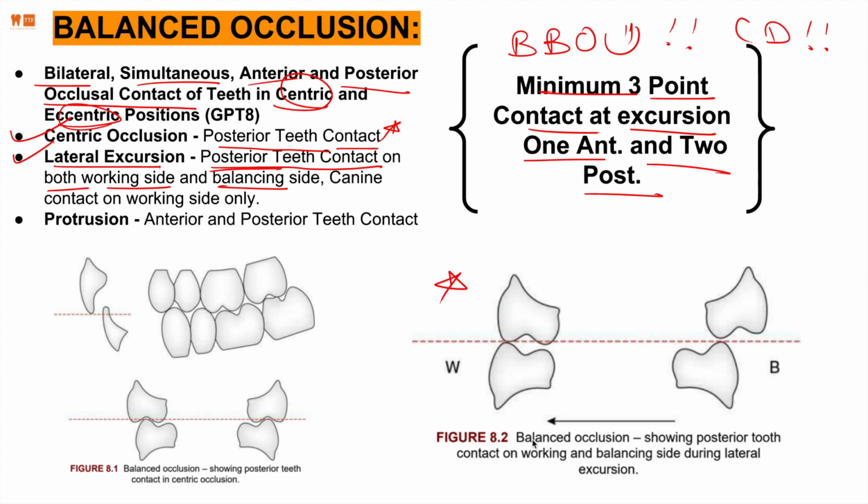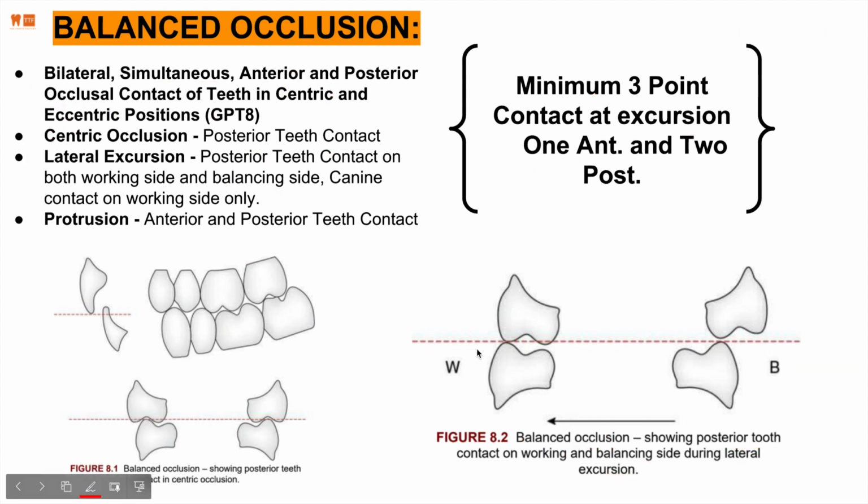For example, the balanced occlusion shows posterior tooth contact on the working side, which is here, and the balancing side during lateral excursion, which is here. Now, what does that mean? We will obviously discuss this a lot in our 3rd lecture of Prosto about occlusal contacts, but I'll tell you what working side and balancing side means.